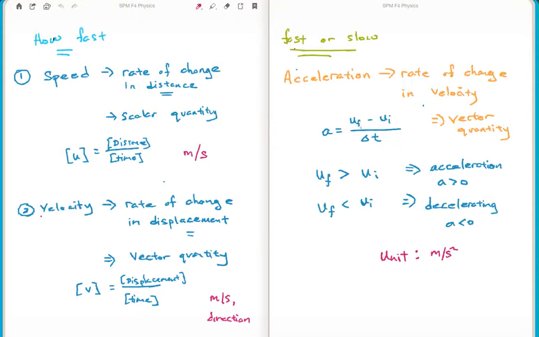By looking at the ticker tape, you should be able to tell. If the distance from dot to dot is very close, it's moving very slowly. When dot to dot is very far apart, it's very fast. If the dot to dot distance is always the same, then it is constant velocity.